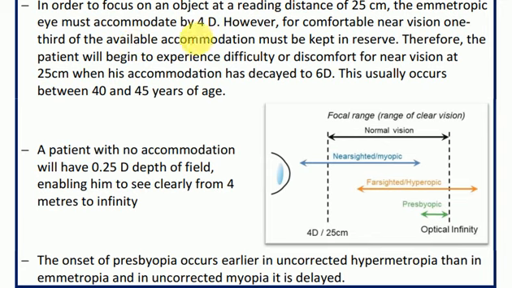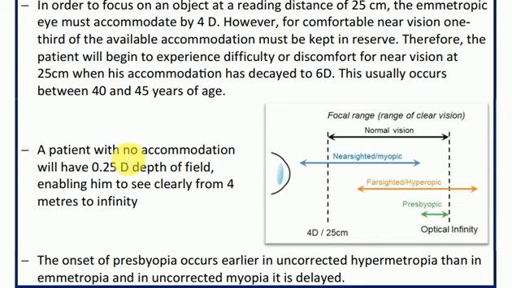Therefore, the patient begins to experience difficulty or discomfort for near vision at 25 centimeter when his accommodation has decayed to 6 diopter. So we need 4 diopter, but when accommodation decreases to 6 diopter we start symptoms of presbyopia. This usually occurs between 40 and 45 years of age.